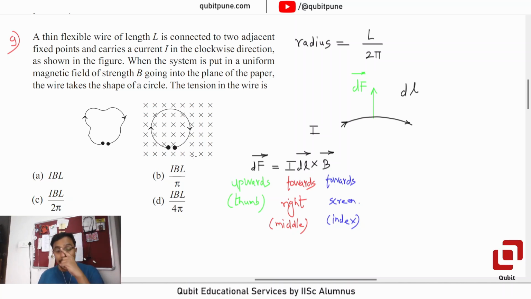If we consider the loop as a whole, the df bars cancel each other. But if you think about a single portion, df bar needs to be balanced because the loop is in equilibrium. Therefore, every part of it should also be in equilibrium.